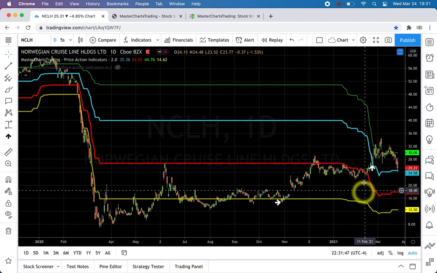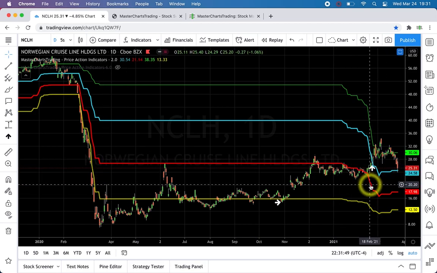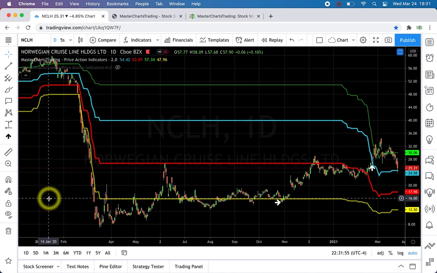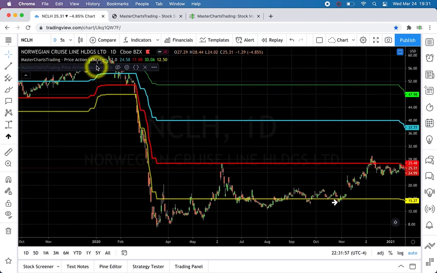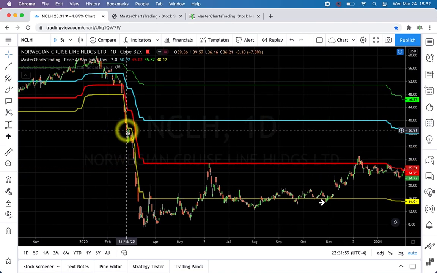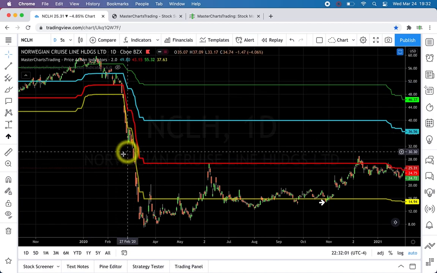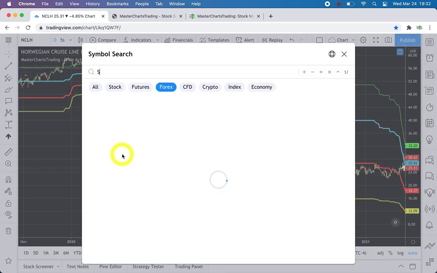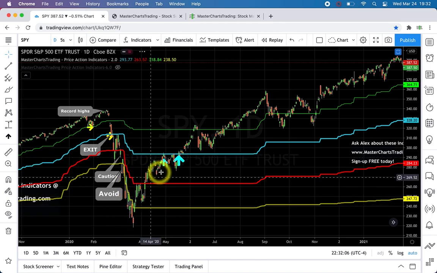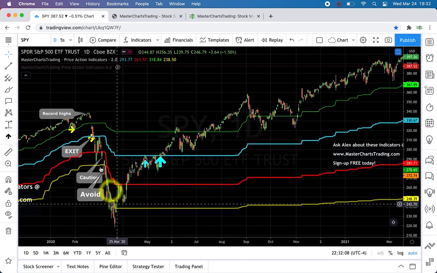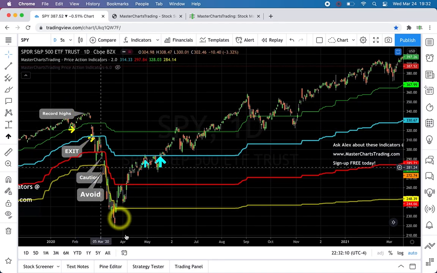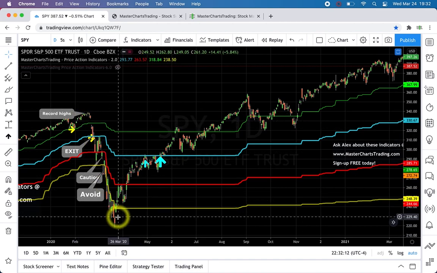So even though this is a true breakout, to me personally, right this instant, it's a pretty cool pattern, but I like to see even more. For example, what I like to see is that it's not very correlated to the general market. If I look at the S&P 500, back in March or April of last year, we also had a very similar drop as I just showed you.